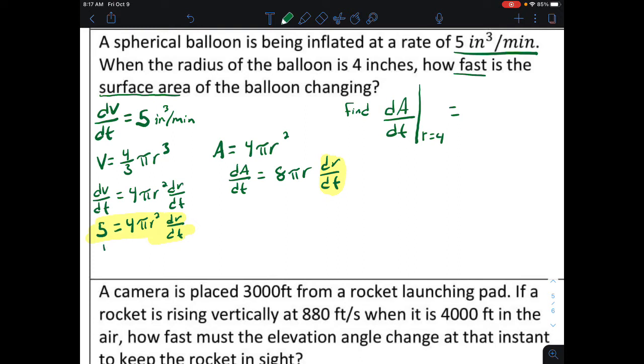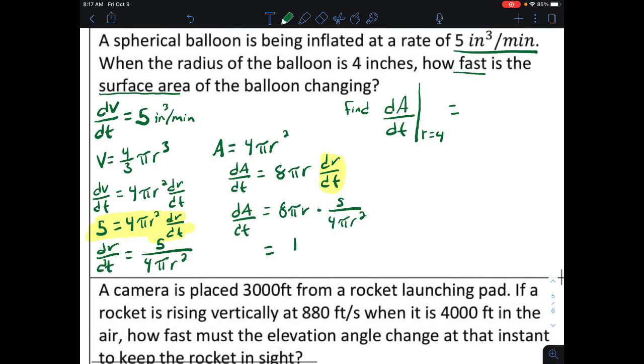So dr over dt would equal 5 divided by 4 pi r squared. Now we're going to plug that in. So dA over dt is going to equal 8 pi r times 5 over 4 pi r squared. Now we could simplify that, make life a little easier, and that's going to wind up simplifying to 10 over r is dA over dt.